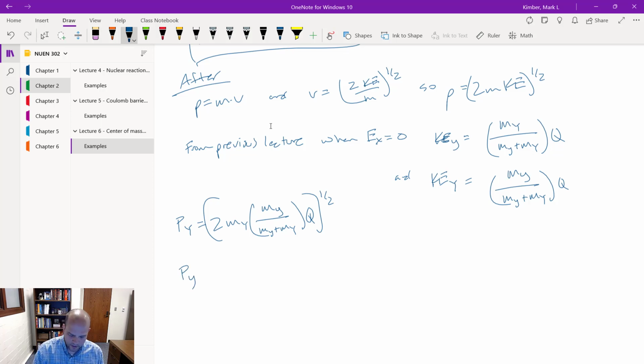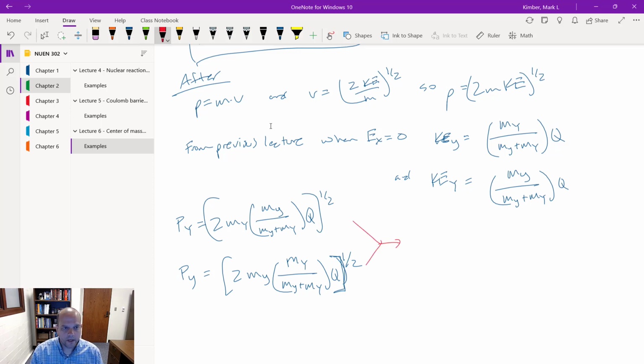My momentum of the light particle is similarly going to be 2 times the mass of that particle times its kinetic energy, which is mass capital Y over the sum of my masses, multiplied by Q. And so you can see that these two are equal in magnitude.